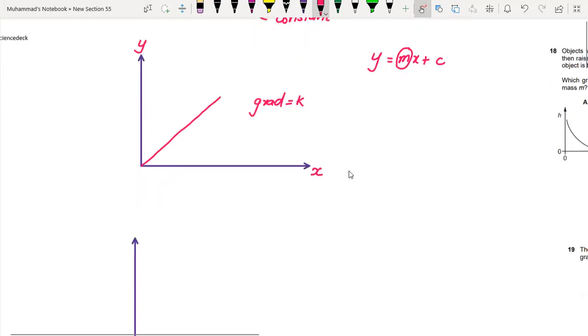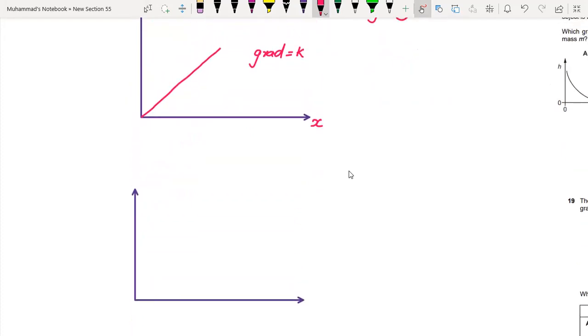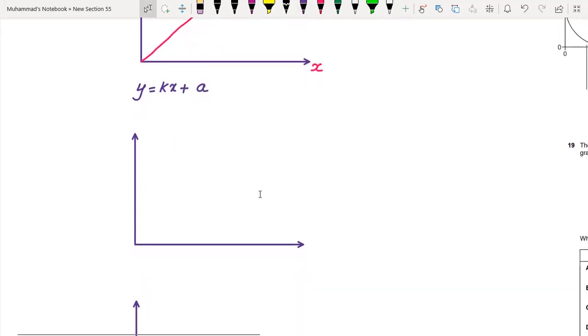Okay, so in the other case, if you have, for example, this equation y equal to kx plus some number a, and you have to plot a graph of y versus x. And if you compare this equation with the equation of a straight line, then you can see this k is the gradient and this a is the y-intercept.